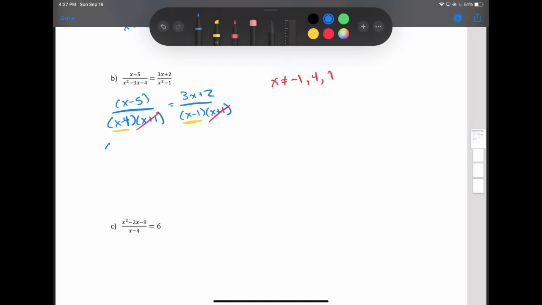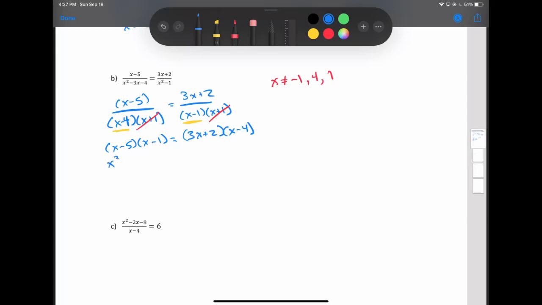Okay, so that gives me x minus 5 times x minus 1 equals 3x plus 2 times x minus 4. I wish two of those were the same, one on each side, but they're not. So the best we can do at this point is to expand.